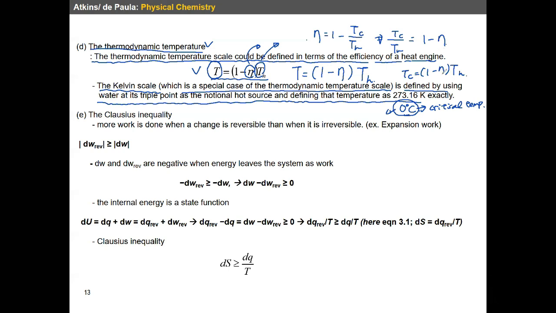So if we know the efficiency, and we also have the temperature of the heating source, then we can calculate the temperature of the cold sink.